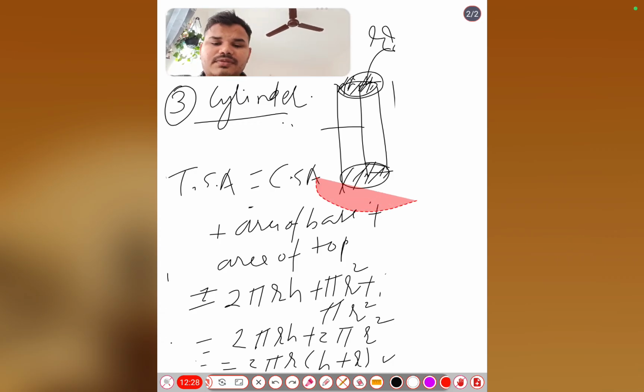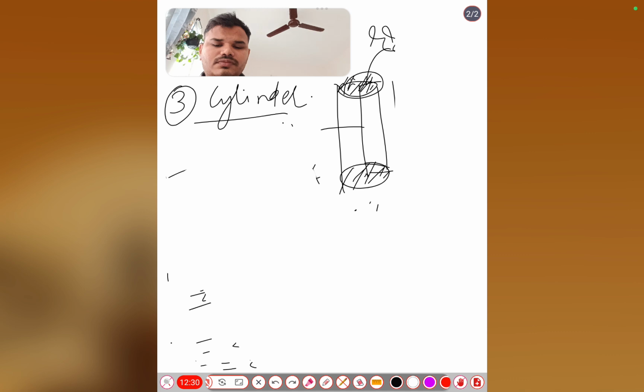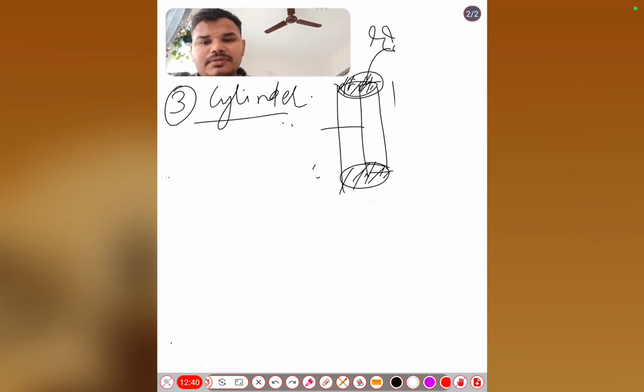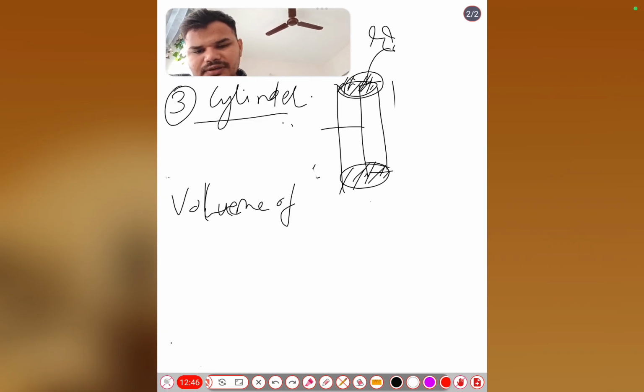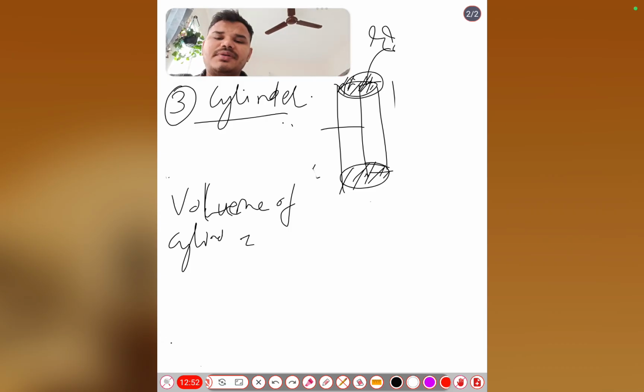Then the next one we have is the volume. The volume of the cylinder is the capacity of that particular thing.